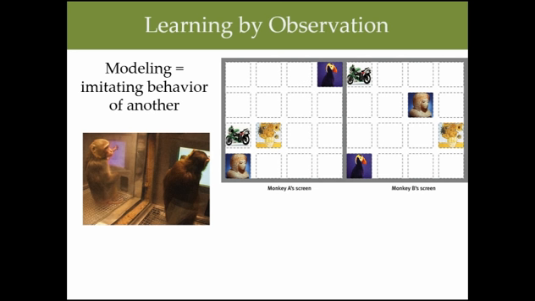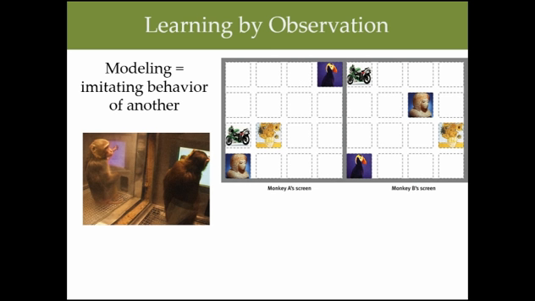So now in the picture with the two monkeys in it, let's say the one on the right is touching the picture of the motorcycle, and he receives a food pellet for correctly touching the screen where the motorcycle is. The monkey on the left is watching what the monkey on the right is doing. And here's where it gets interesting and really evidence that he's learning by observation.